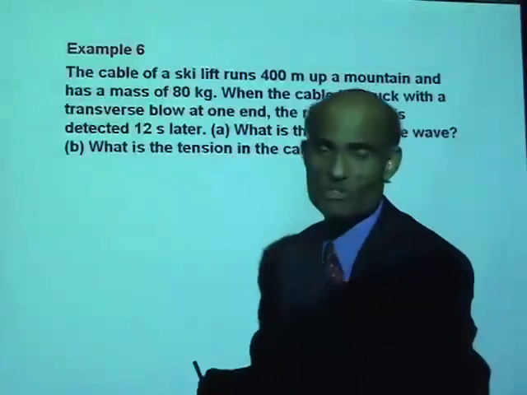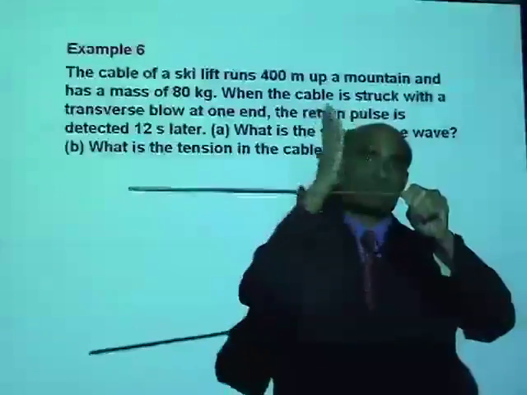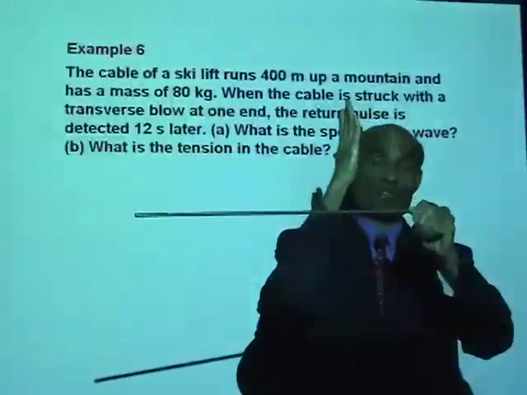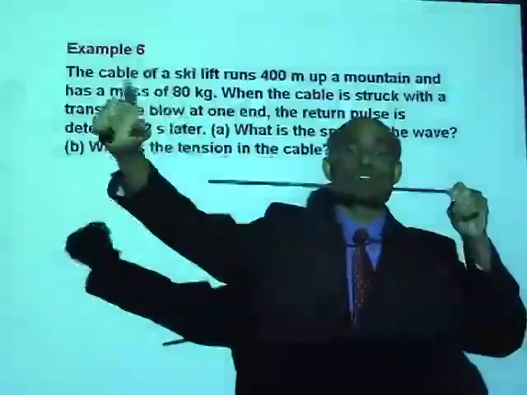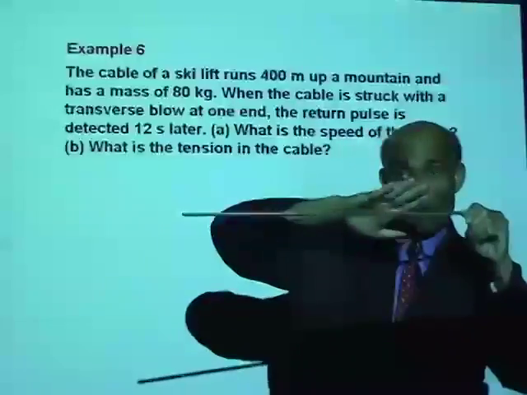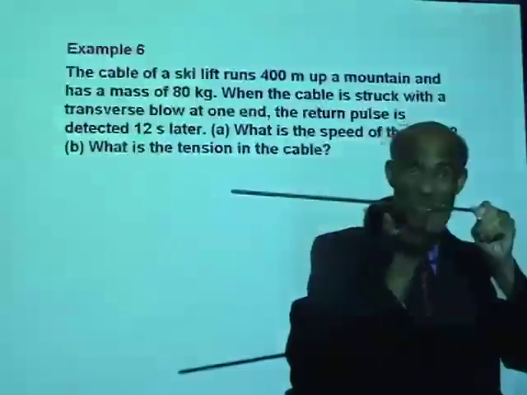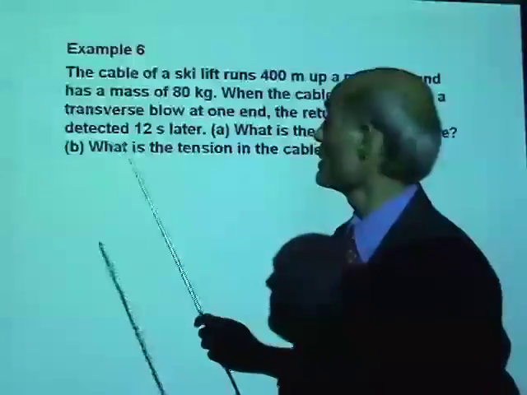What is the meaning of a transverse blow? If this is a string, a transverse blow is the blow at right angles, creating a pulse. Just like I created the pulse on the spring. So the pulse will go all the way to the other end and get reflected back. Now what happens here?